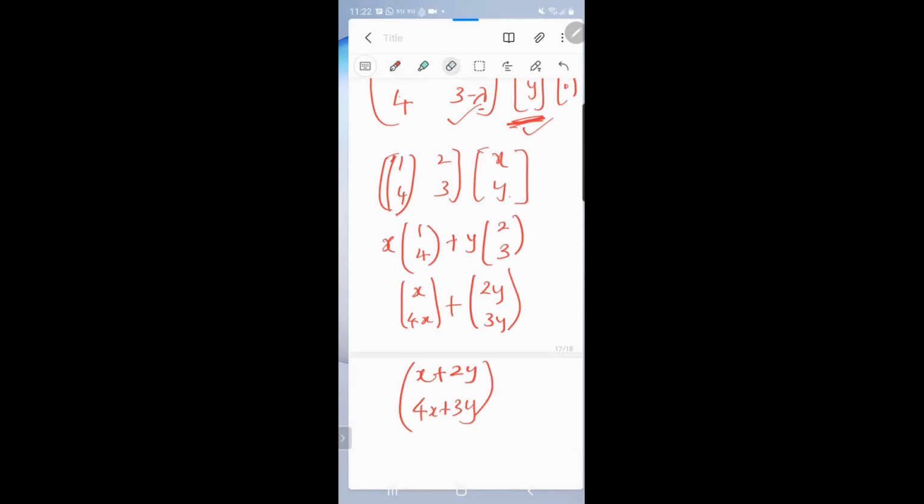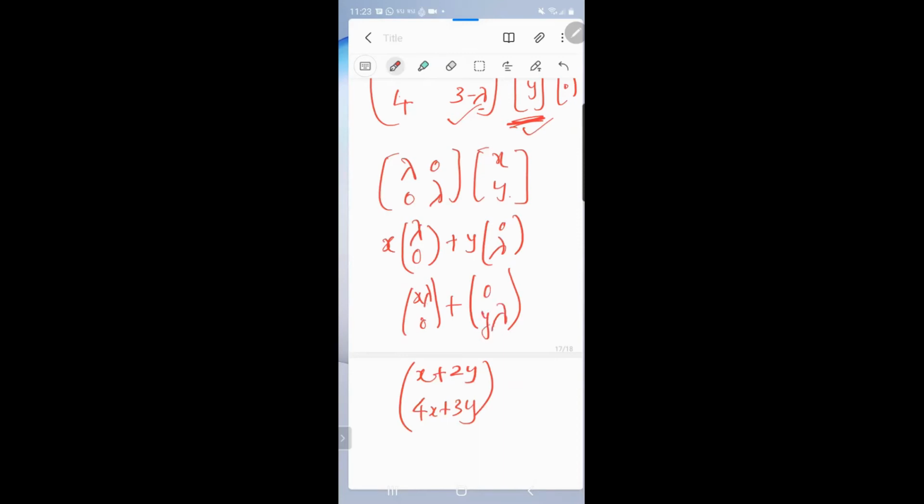Then repeat the same thing with lambda 0, 0 lambda. This is x times lambda 0, and then y times 0 lambda.